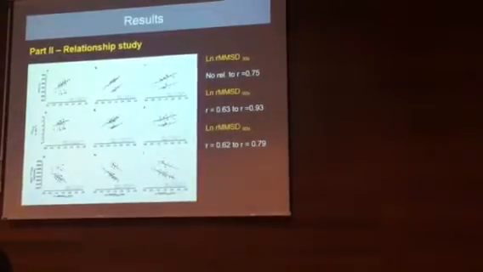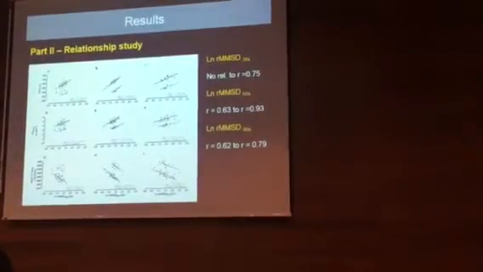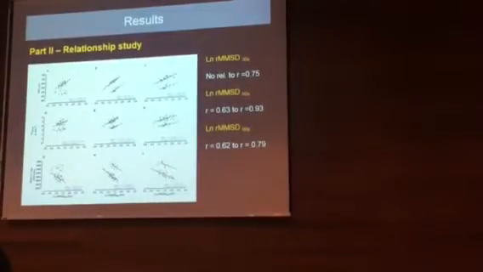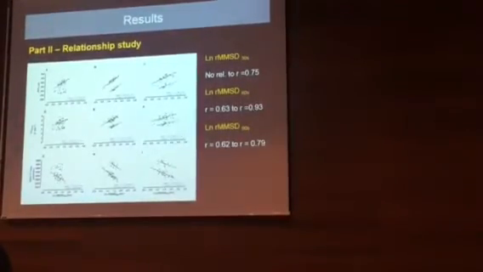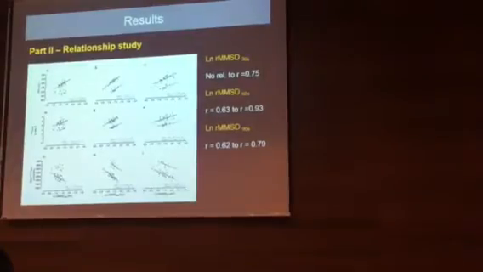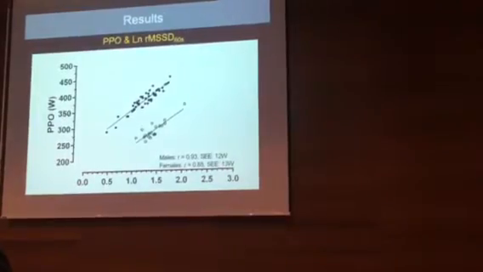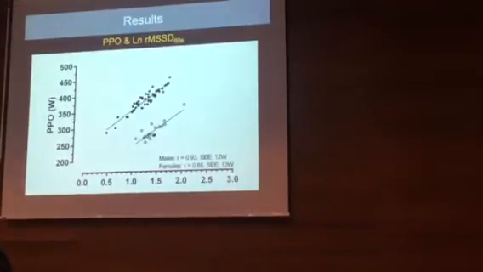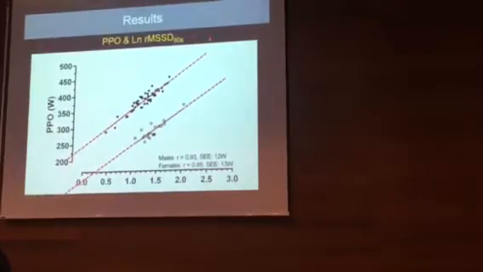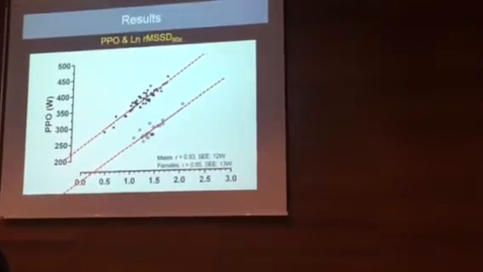If we look at relationships in the study, we can see that we had problems finding relationships, specifically in the females. At 30 seconds, the strongest relationships were found at 60s, and slightly weaker relationships at 90s. If we look a little closer and look at the relationship between peak power output and RMSSD, we find similar slopes but different y-axis intercepts.